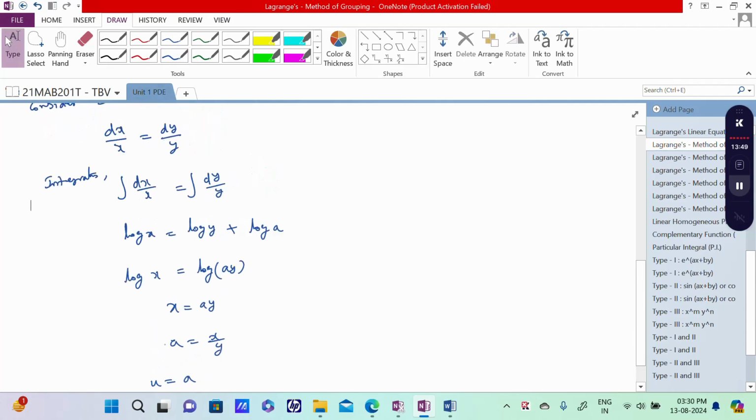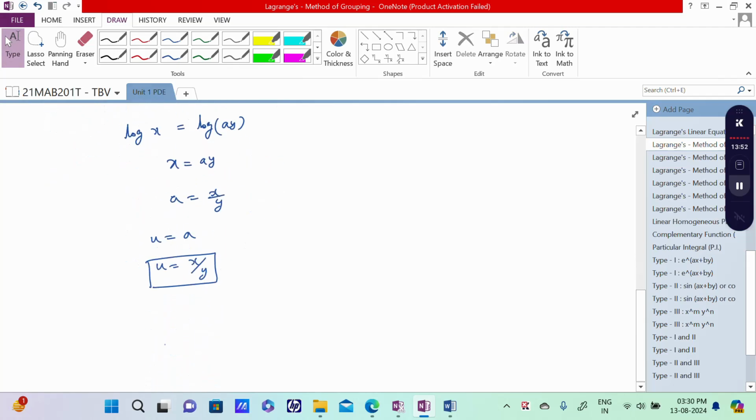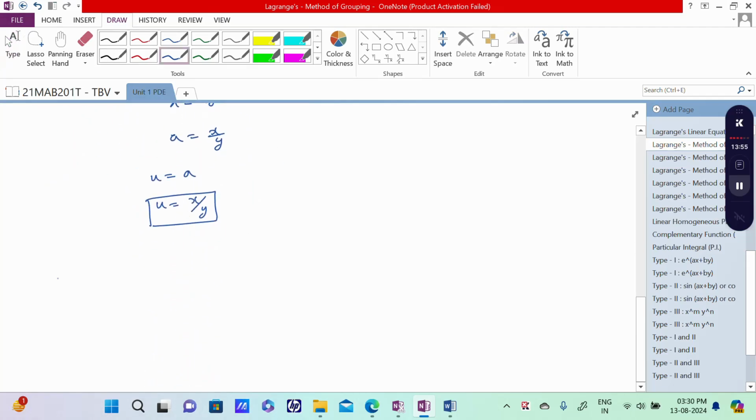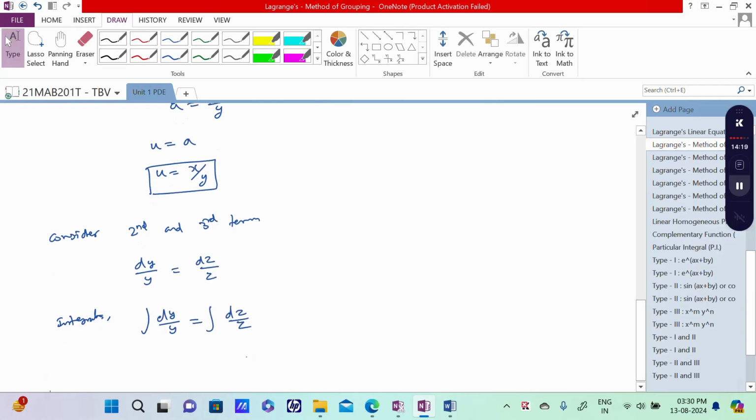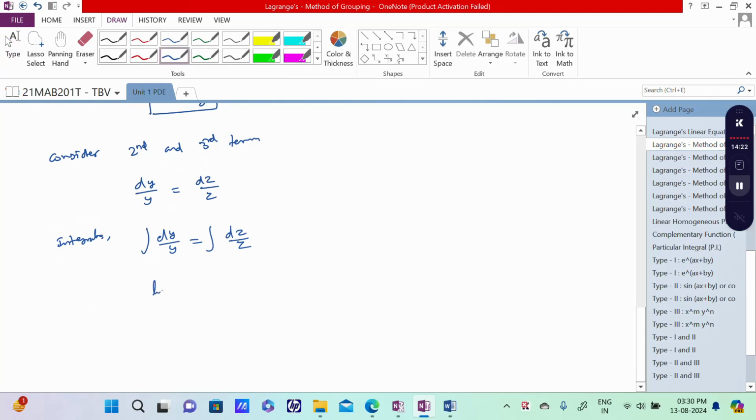Next we consider the second and third terms, or the first and third terms. Now I am considering the second and third terms: dy by y equals dz by z. Now integrate: log y equals log z plus another constant, log b.